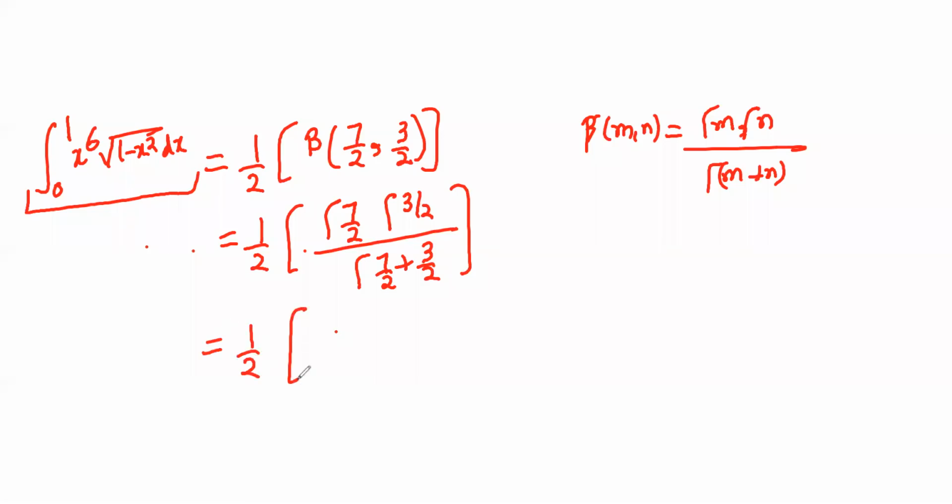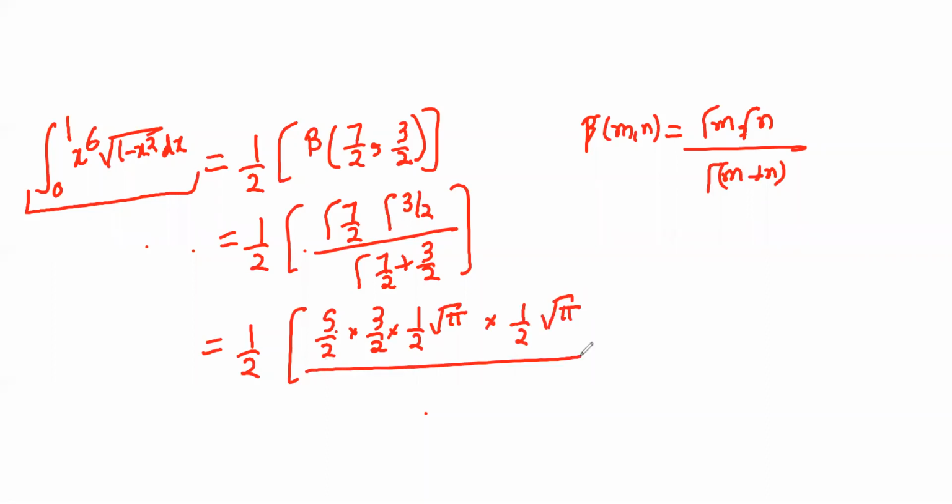Gamma 7 by 2 I can write as 5 by 2 into 3 by 2 into 1 by 2 and root pi. This is the value of gamma 7 by 2. Is it clear? Gamma 3 by 2 is 1 by 2 under root pi. This is also clear. And gamma 7 by 2 plus 3 by 2 is gamma 5, and this is nothing but 4 factorial, isn't it?